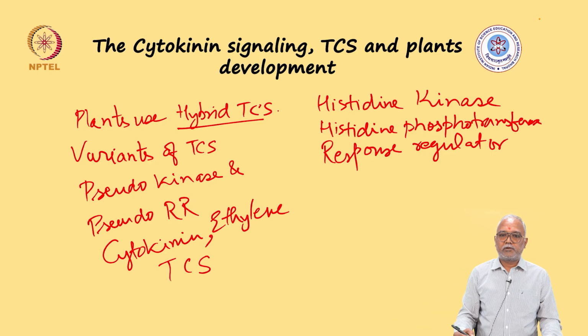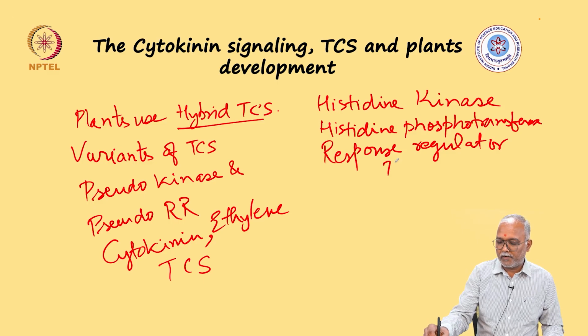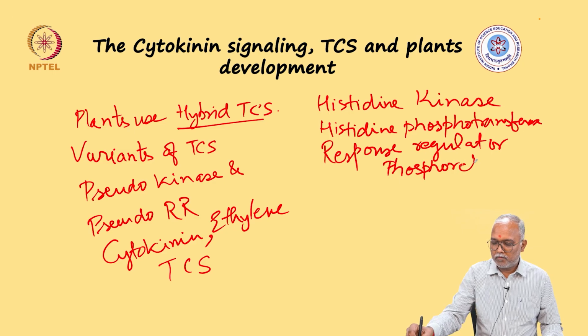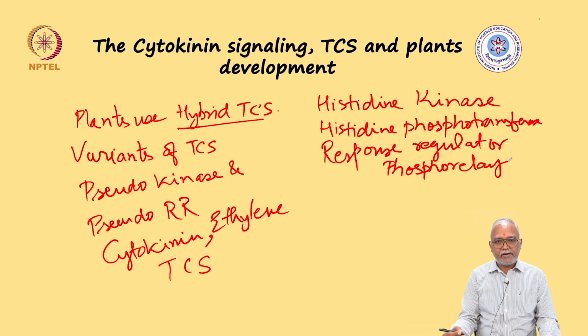Also remember, this is a hybrid type of two-component system, so there will be a phosphorelay. And the variants which will be there will impart next level of complexity in the signaling.